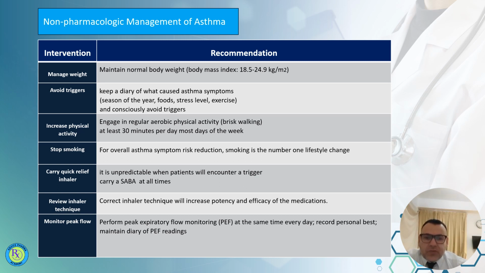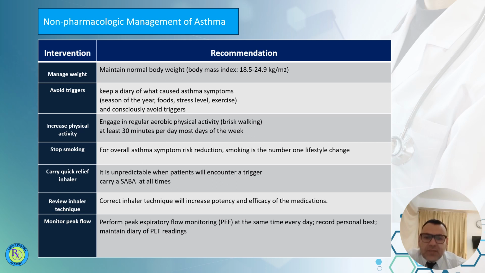Avoid triggers, of course. The patient needs to keep a diary of the asthma symptoms. So which season of the year he has the symptoms, what type of food usually goes with it, the level of symptoms, and whether it is related to exercise. And the patient needs to avoid these triggers. So we need to keep a diary and avoid all the triggers that are related to him.